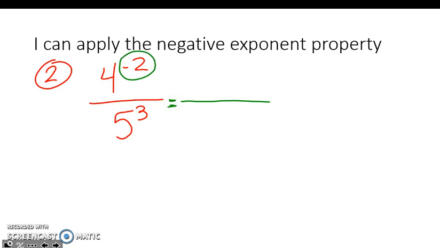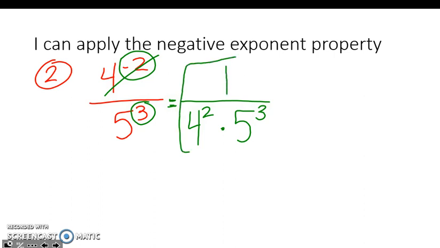Since it's on the top, I have to move it to the bottom to make it positive, okay? Since 5 to the third is already positive, we have to keep it where it's at. We cannot move it if it's already positive. So 5 to the positive third is on the bottom, and that's where it needs to stay. But since there's nothing on the top now, I need to have that placeholder of 1 in our final answer.